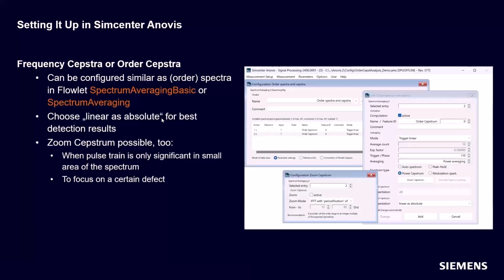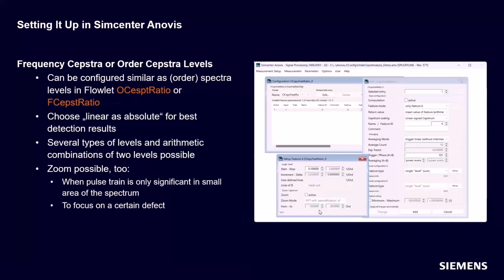Yeah, and if we have effects that only occur in a certain part of the spectrum, then we also can use a so-called zoom Cepstrum. That means here we can concentrate on the range of the spectrum where we have pulse trains and can analyze them to get a better signal-to-noise ratio of our output. Yeah, for the metrics, we have a special flowlet that is called order Cepstrum ratio or frequency Cepstrum ratio.